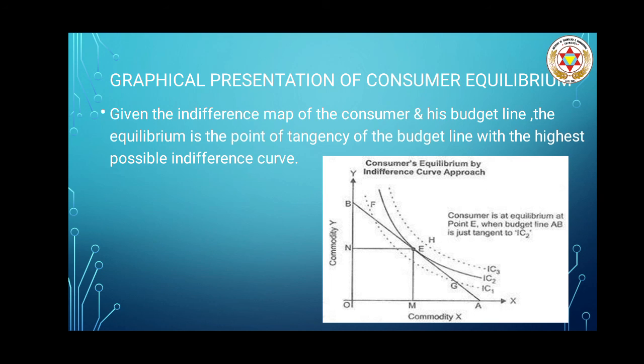At point F or G, the consumer's satisfaction is less as it is on a lower indifference curve IC1. Similarly, the consumer cannot attain equilibrium at point H as it is out of his budget line AB. So, the combination at point E is where the consumer attains maximum satisfaction.